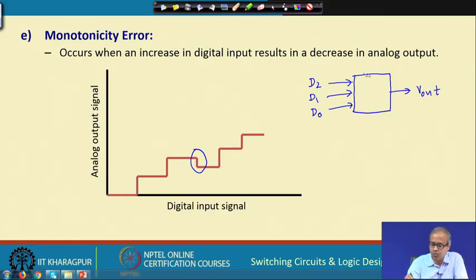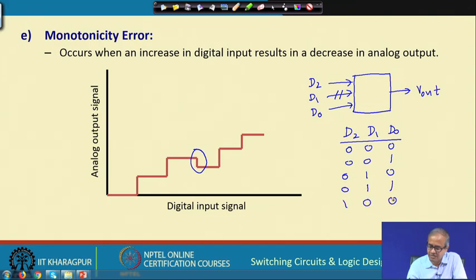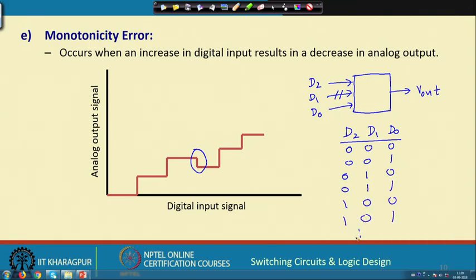Now, suppose while you are designing and making the connections, you forgot to make the D1 connection, or there is a disconnection. As you increase the input, the values D2, D1, D0 will start with 0, then 1, then 2, then 3, then 4, then 5, and so on. But because D1 is not connected, D1 will always be 0.